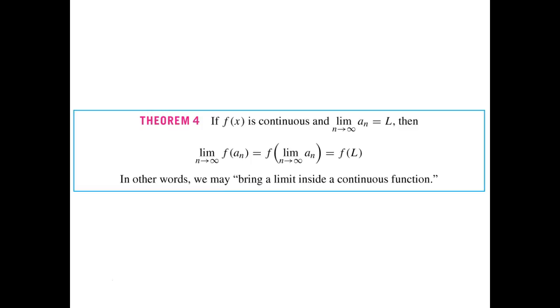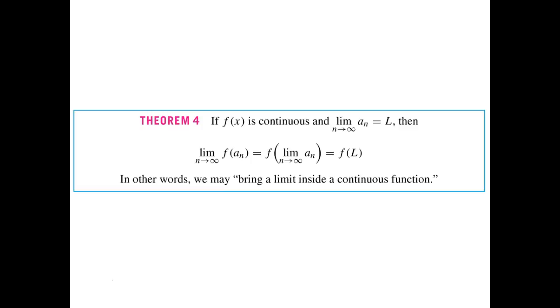Now here is the shorthand for what we're saying in this theorem. The limit of a function of an infinite series is the function of the limit of the infinite series. That's basically what theorem 4 is saying. So bring the function on the outside, that'd be the limit as n approaches infinity of a sub n, but we know that's L, so this is going to be f of L. That's it.